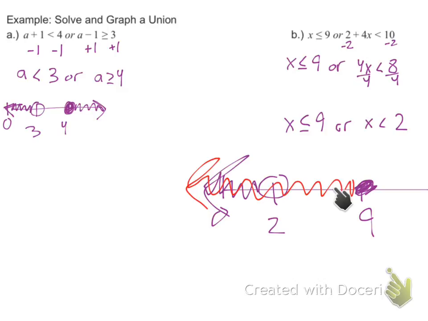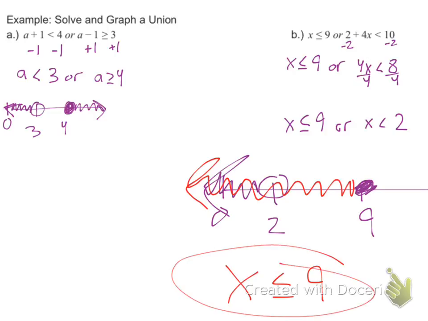But wait a minute, doesn't the red shaded region include the purple? Interesting. Now wait, so that means, shouldn't the answer just be x is less than or equal to 9? Because all solutions fall within that range?